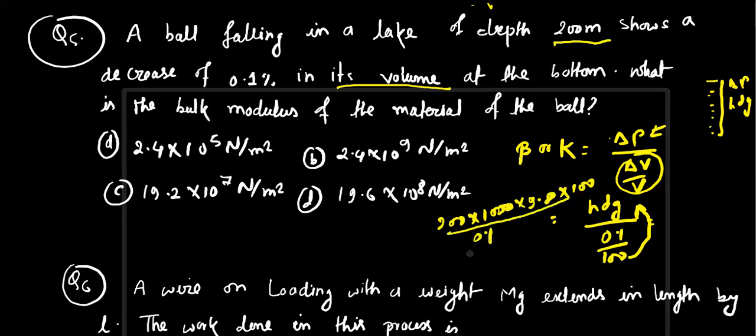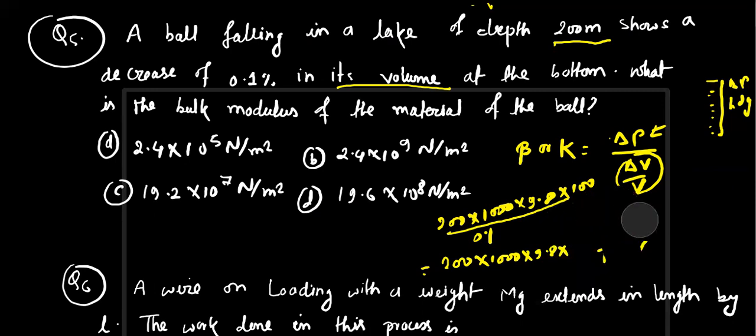This 0.1 also can be written as 1/10, and it will be 1 after multiplying the numerator as well as the denominator by 10.